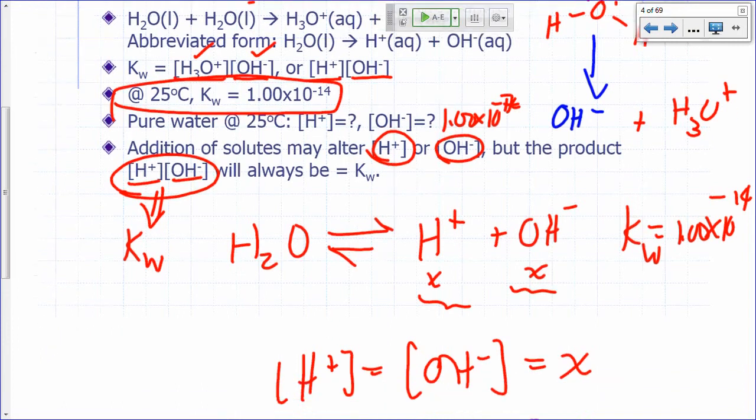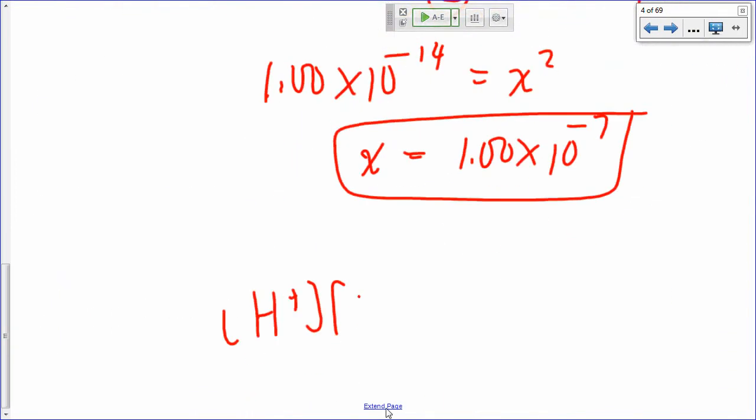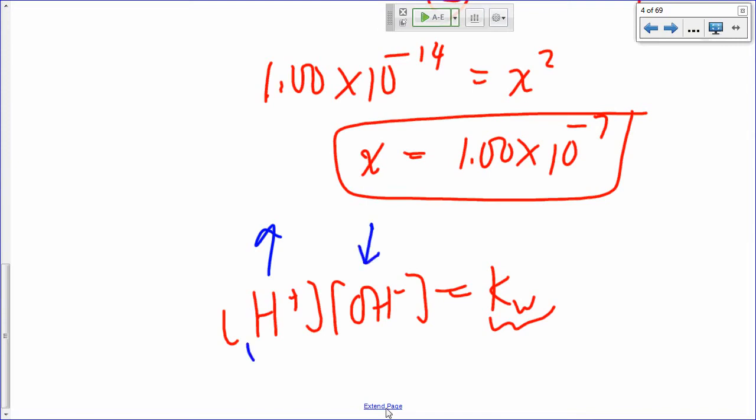What does that mean? If H plus times hydroxide is a constant, and H plus goes up, what must happen to hydroxide in order for the product to remain constant? It must go down. If I multiply this by 2, I have to divide this by 2 in order for the product to remain the same.